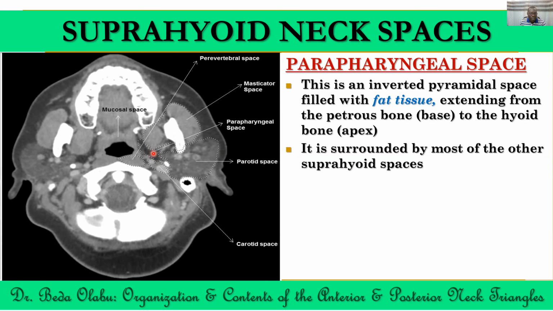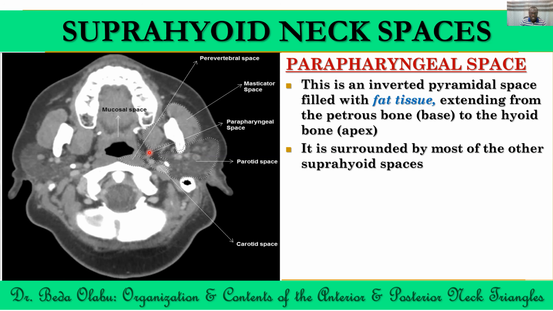It is surrounded by the masticator space anterolaterally, the parotid space posterolaterally, the carotid space posteriorly, the prevertebral space posteromedially, and the pharyngeal mucosal space anteromedially. So it's surrounded by several spaces. That's the story.